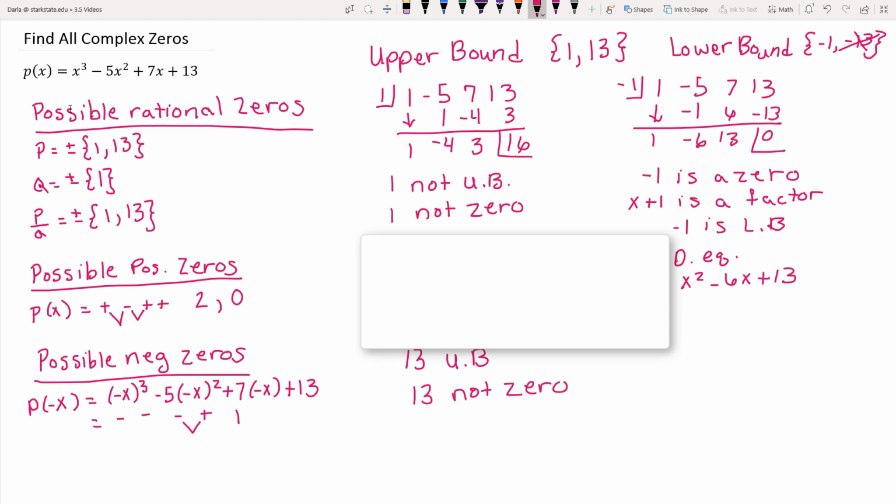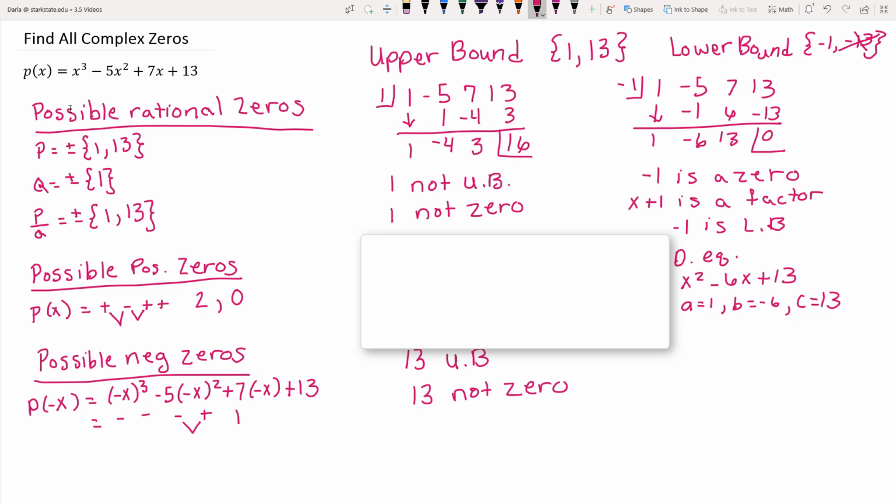And so this is a quadratic. So then all we have to do from here is use our quadratic formula. So our a is 1, our b is -6, and our c is 13. And we'll perform the quadratic formula to get our remaining 2 zeros.